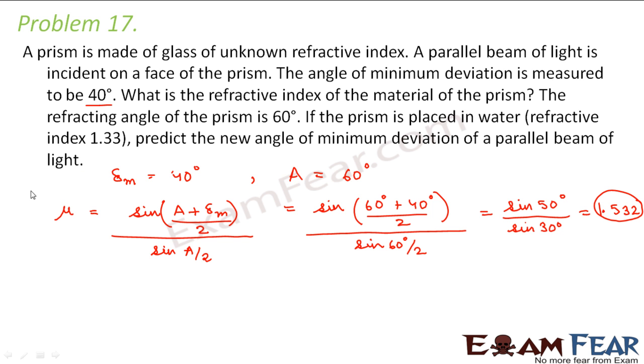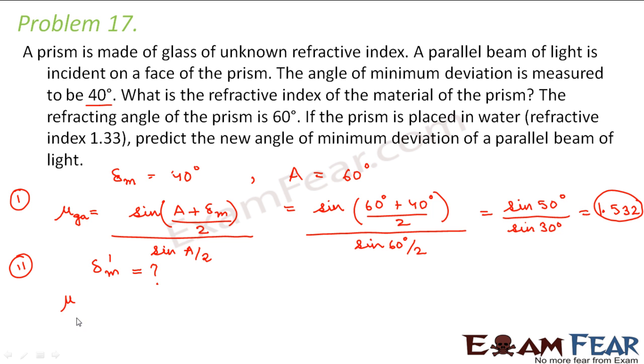Now the second part of the question asks, if the prism is placed in water, refractive index 1.33, predict the new angle of minimum deviation of a parallel beam of light. So now we have to calculate the new angle of minimum deviation if the prism is placed in water. Here, mu was nothing but glass with respect to air.